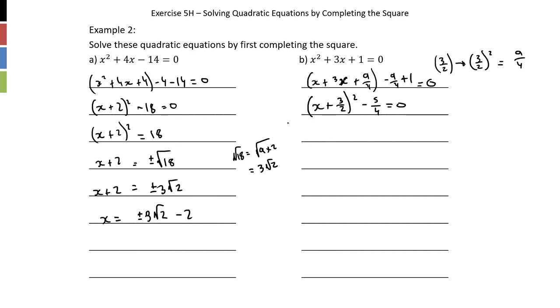And just quickly, it hasn't come up in this case, so I'm going to grab a red pen. But if it just so happened that this is a positive, and then we take it over to the other side, and this is our what if, we would end up with equals negative 5 on 4. Now we can't take the square root of a negative number.